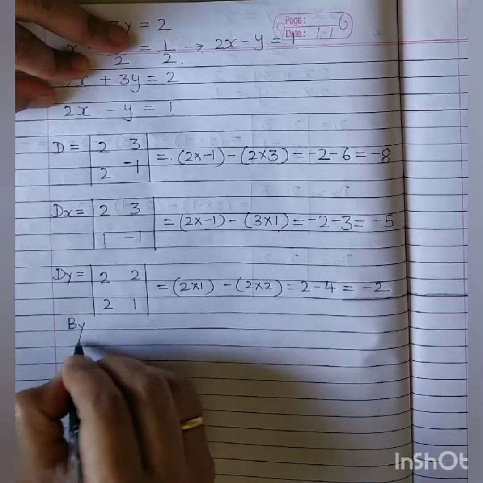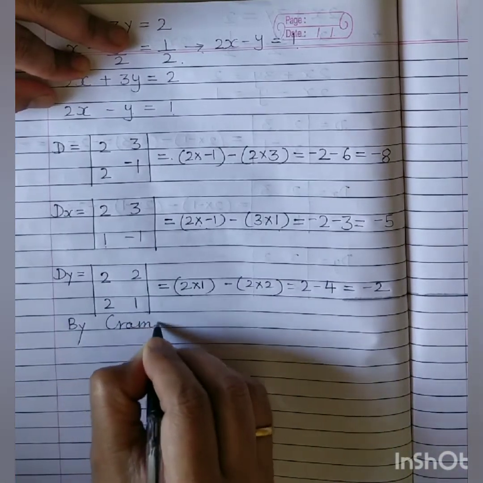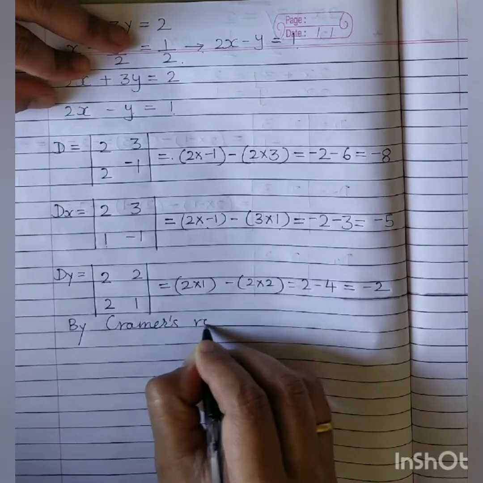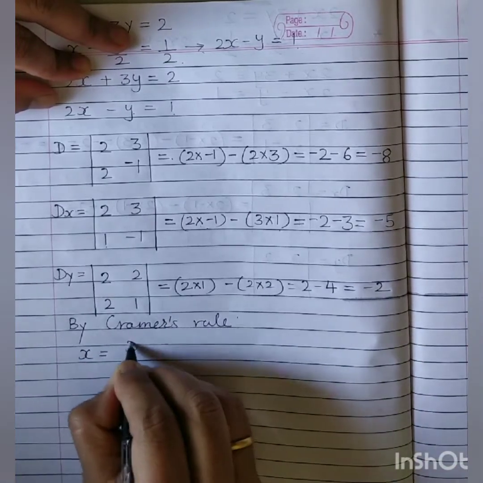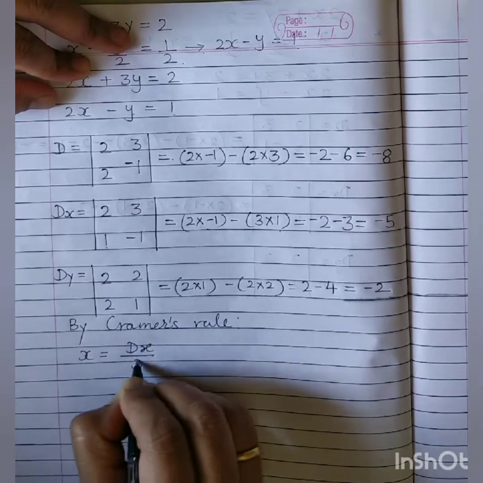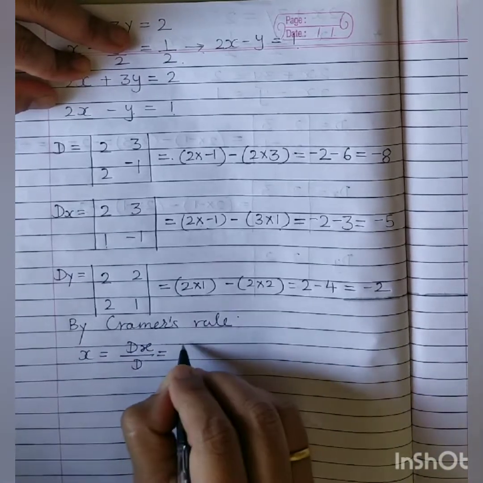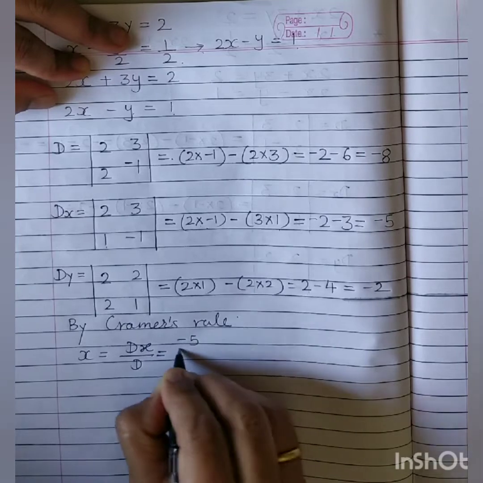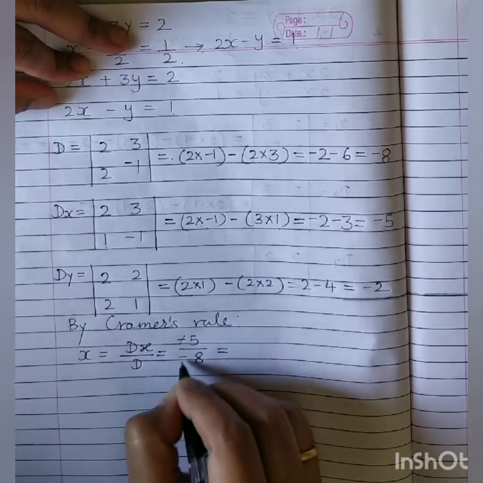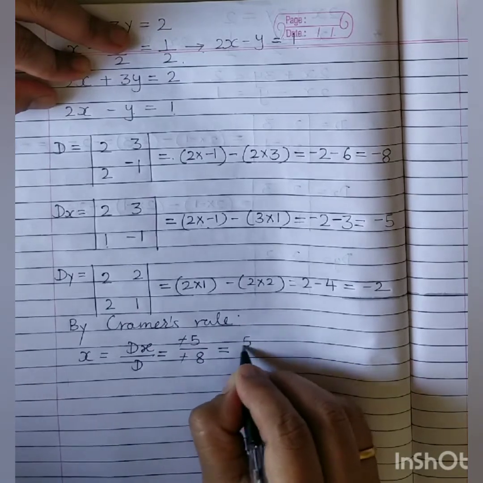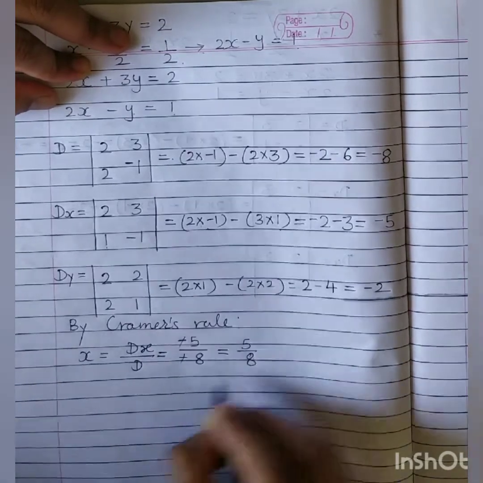Now we are using Cramer's rule. So by Cramer's rule, what you have is x is equal to dx upon d. What is the value of dx? Minus 5 upon d is minus 8. No simplification possible except that negative signs are getting cancelled. So your answer is 5 upon 8.